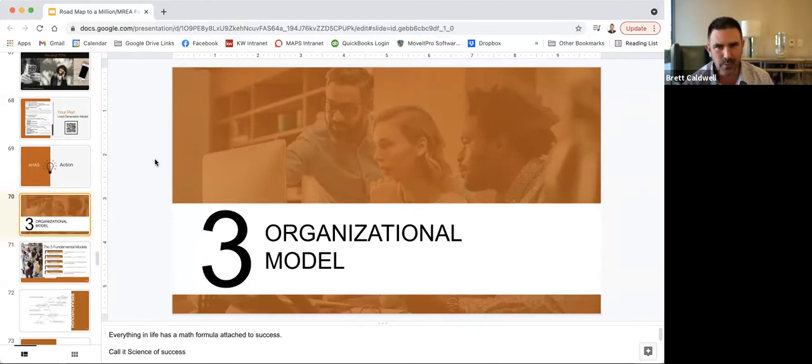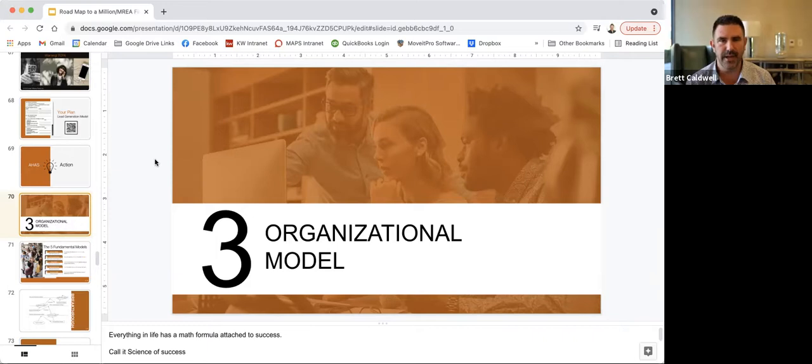We've gone through the economic model, which was really the math formula of what it takes to succeed at your level, where you have an income goal and a math formula down to the activity level needed for that income to happen. Then last month we went through the lead generation model, which is literally build a lead generation machine that you believe will create this outcome.